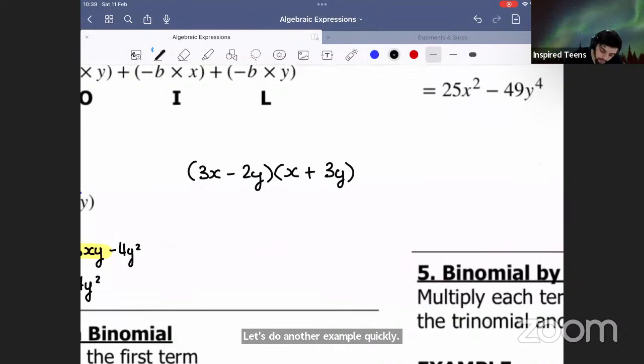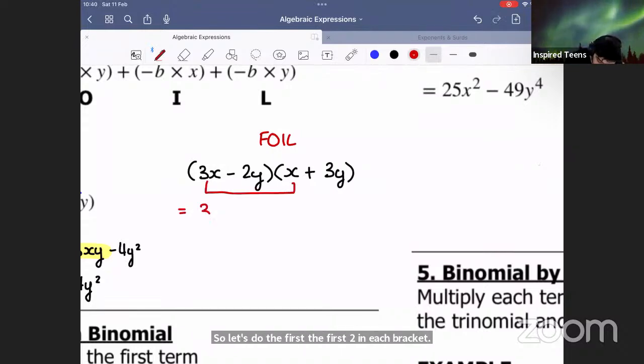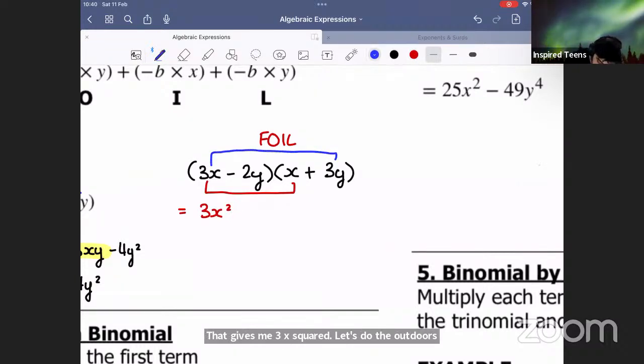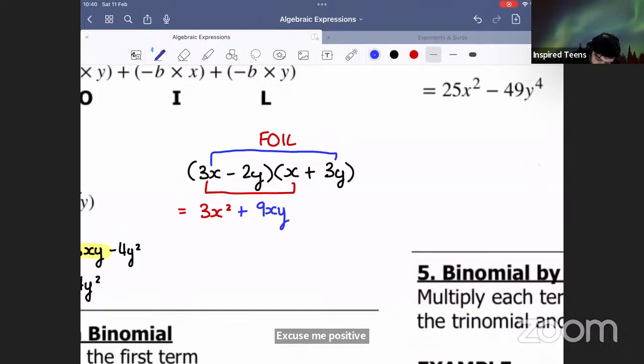Okay, we're going to do FOIL. First, outer, inner, last. So let's do the first. The first two in each bracket. That gives me 3x squared. Let's do the outer ones. That gives me positive 9xy.